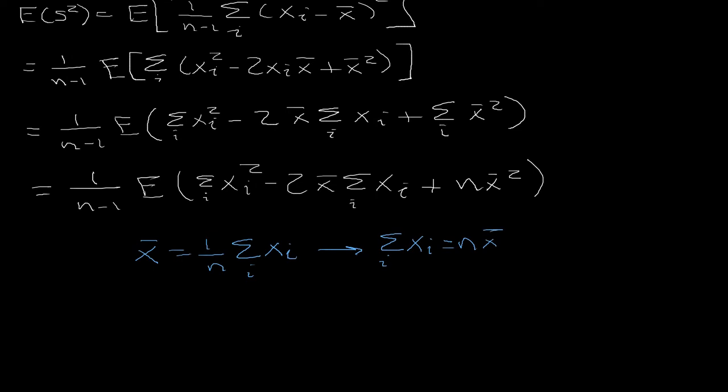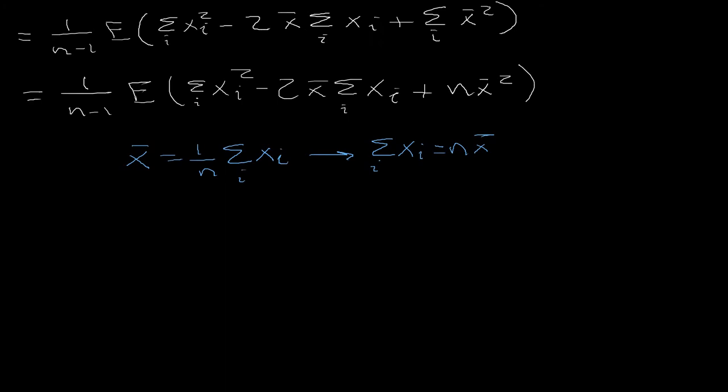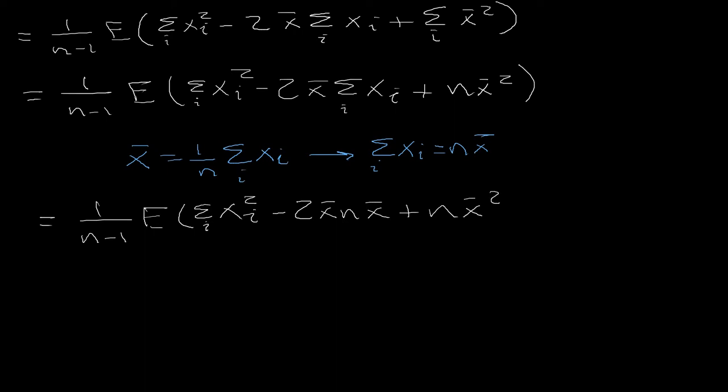So we're going to take this sum of xi's and substitute it with this. So we're going to have the following expression, 1 over n minus 1. Everything else remains the same. n x bar plus n x bar squared.